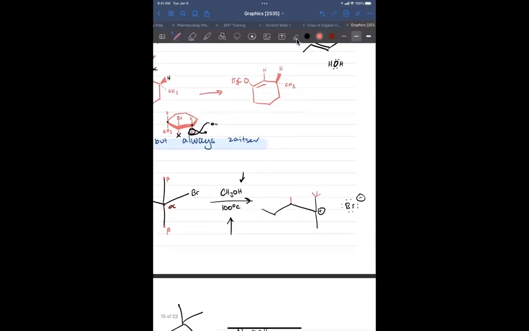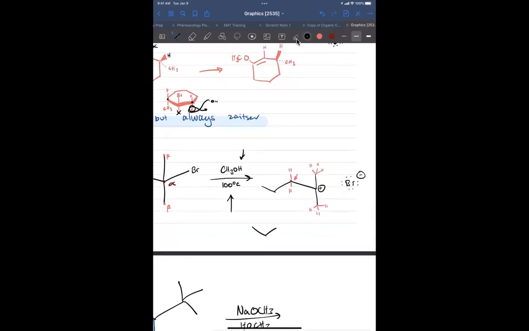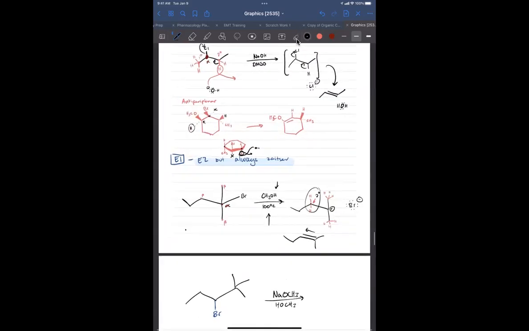Over here, if we were to draw out our hydrogens, which one would it take? Well, it has to be Zaitsev. So it has to be one of these two. And there's only one way it can go. It goes towards the secondary carbon.